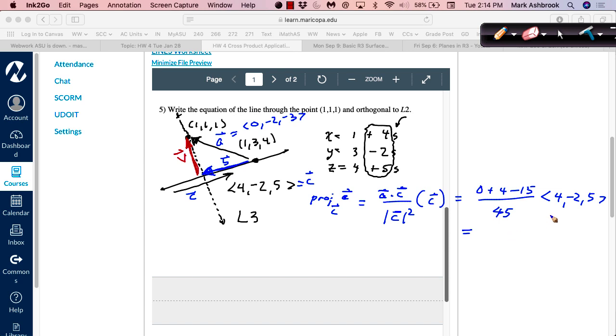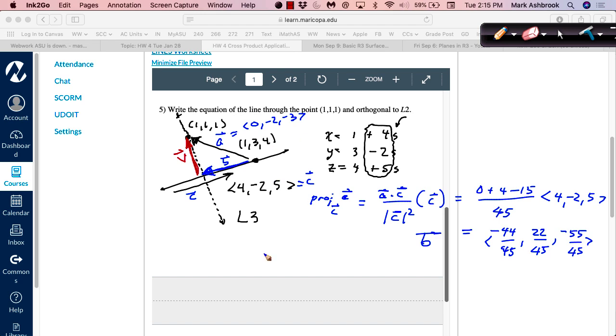Okay, this is pretty ugly, but let's see here. Yikes, -11 45ths. So -44 45ths. I think I'm going to like Lucas's way better. 22 45ths. And -55 45ths. That's vector B.